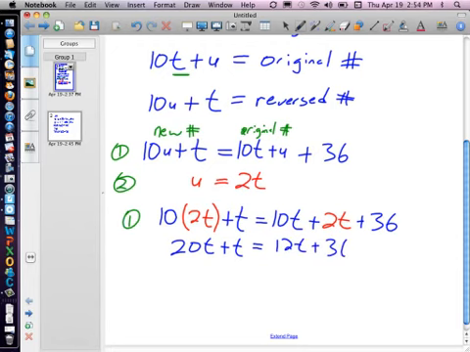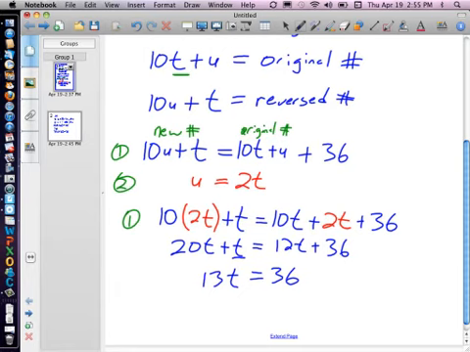I'm going to subtract 12t from both sides. Okay, and I can combine this t right here. So subtracting 12t and adding those t's together will leave me with 13t equaling 36. Is that right? Something doesn't seem right here. Alright, let's look at that again.